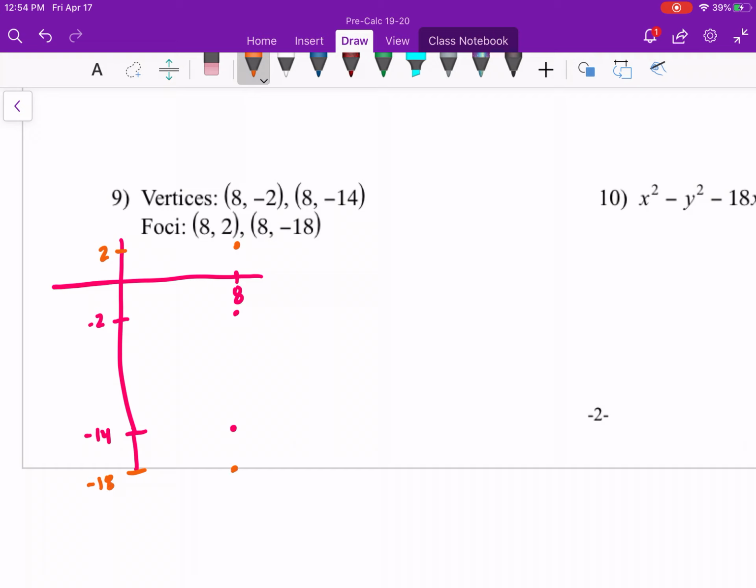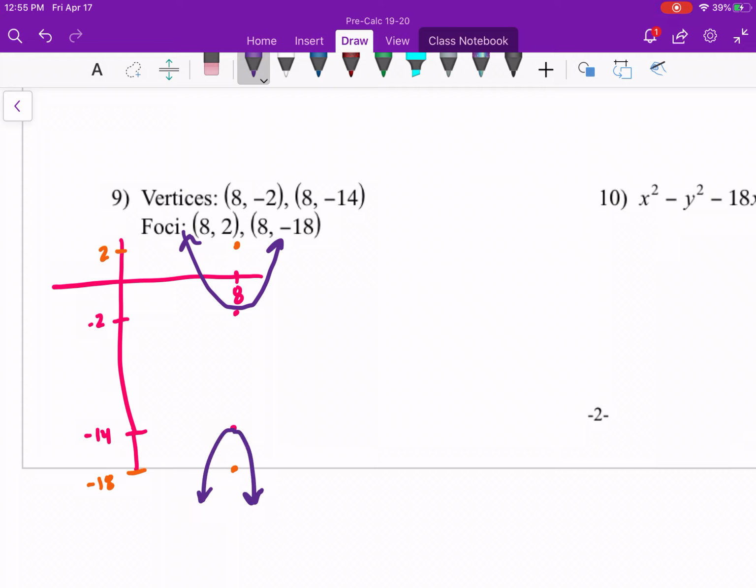So what that does is that tells us how our hyperbola is opening up. You could have done that with just the vertices. You didn't really need the foci to know which direction it opens, because if the vertices go vertically, then you know that it's going to open up and down. But we can sketch a little graphy if that helps.